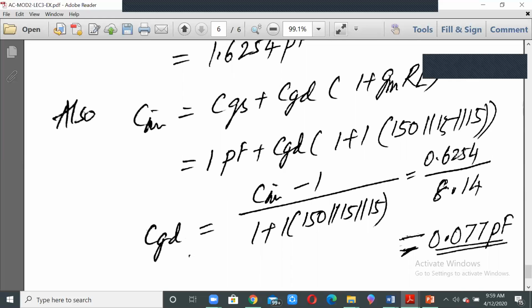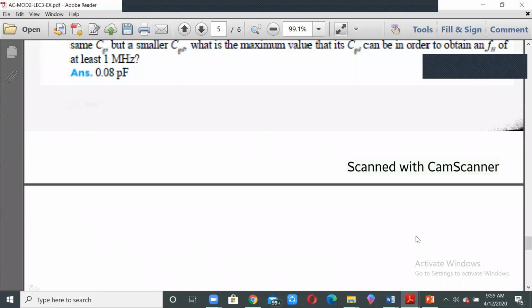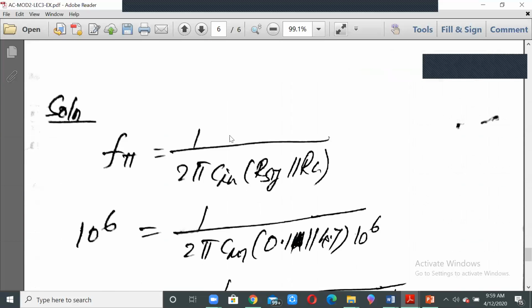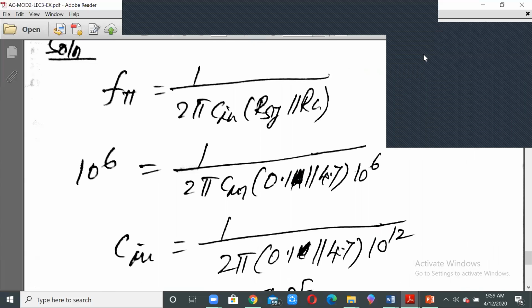So this will be 1.6254, and hence this quantity will be 0.6254 divided by 8.14, and that will give us 0.077, which is almost the same as the value given in the solution, that is 0.08 picofarad. So with this we come to the end of the lecture today.